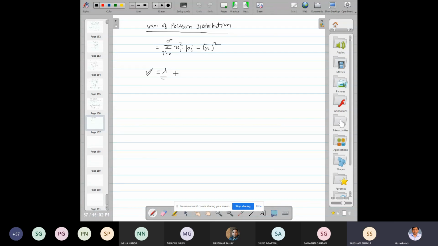Now we can obtain the recurrence formula for the Poisson distribution. The recurrence relation, as in case of binomial, here again we obtain the recurrence formula for Poisson distribution.